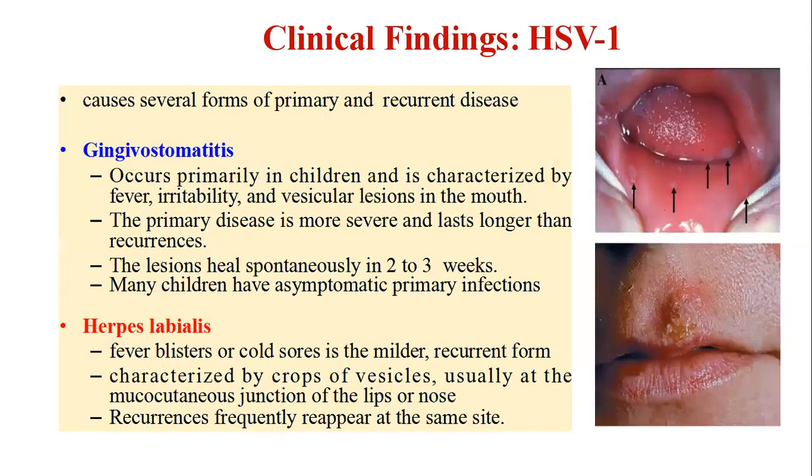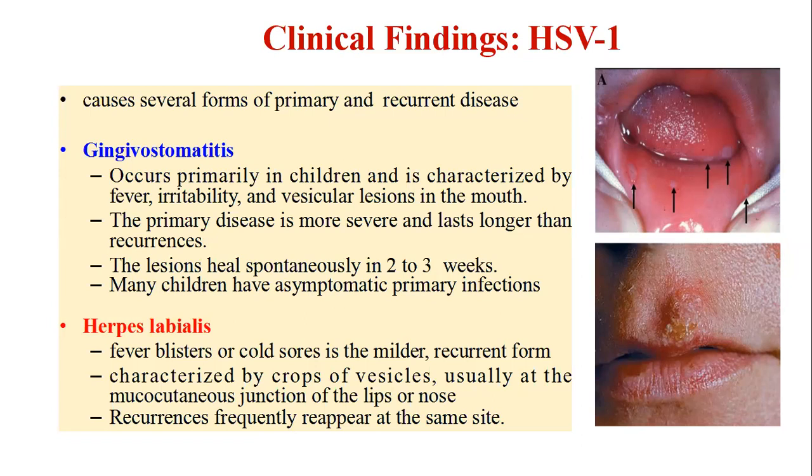So what are the clinical findings? HSV1 can cause several forms of primary and recurrent diseases. What are the types of diseases? They can cause gingivostomatitis. The first picture you can see occurs primarily in children and is characterized by fever, irritability, and vesicular lesions in the mouth.